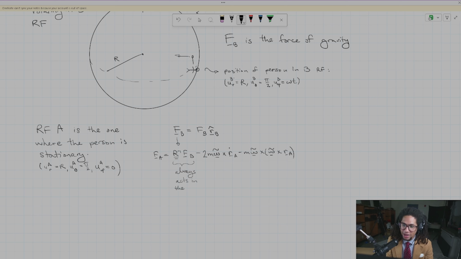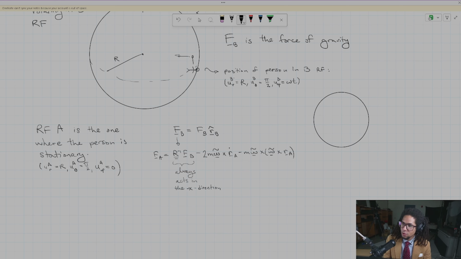So this always acts in the x direction, really in the negative x direction after the rotation. So let me draw another picture. In this reference frame, reference frame A, the person is standing not just on the equator, but on a single point that never moves. Good. And throwing the ball, let's say, in that direction.